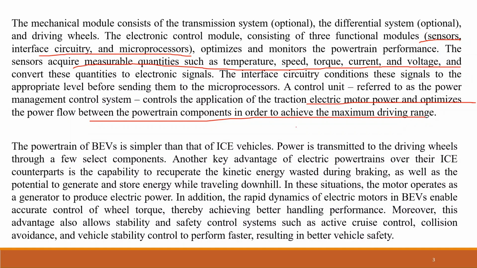In addition, the rapid dynamics of the electric motors in the battery electric vehicles enable accurate control of the wheel torque, thereby achieving better handling performance. Moreover, this advantage also allows stability and safety control systems such as active cruise control, collision avoidance, and vehicle stability control so that the vehicle can perform faster and it results in better vehicle safety.